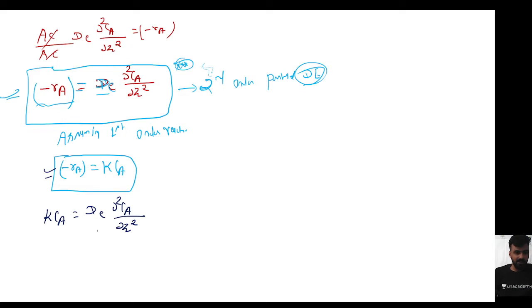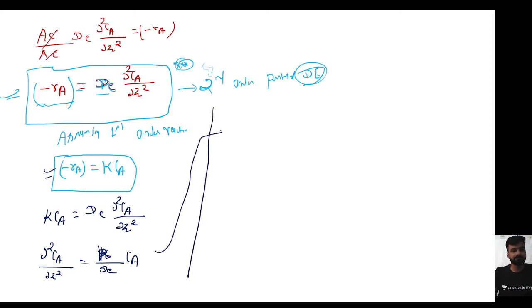So again, can I write ∂²C_A/∂z² is equal to K/D_e times C_A? Now here I am writing ∂²C_A/∂z² minus K/D_e C_A is equal to 0.